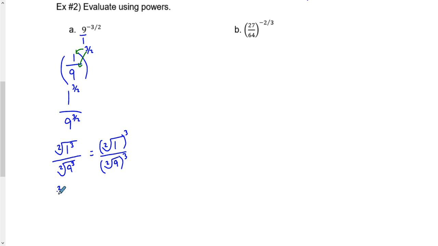1 cubed is 1. 9 cubed, don't really deal with that one a lot. I'm dealing with the square root of 729. Or if I go the other way, square root of 1 is 1. Square root of 9 is 3.